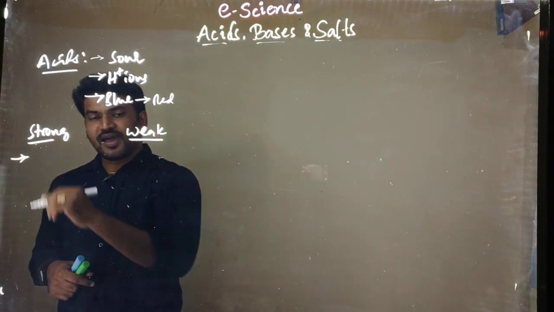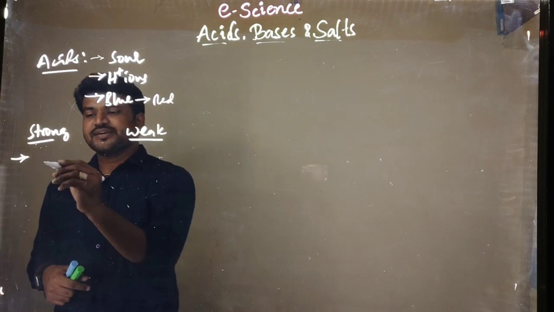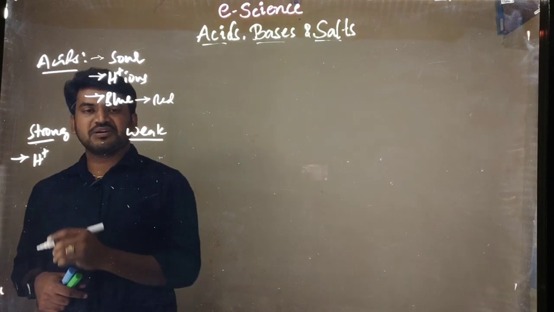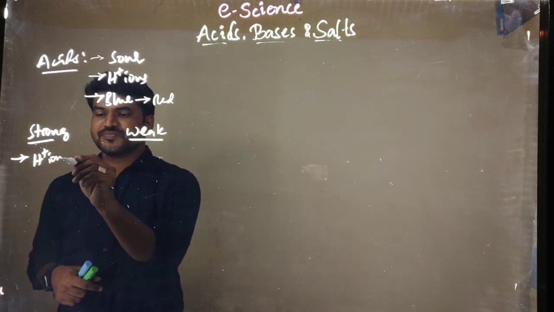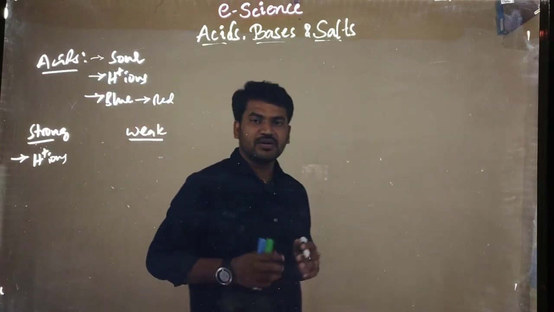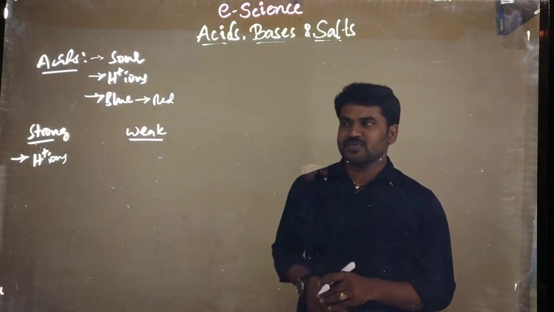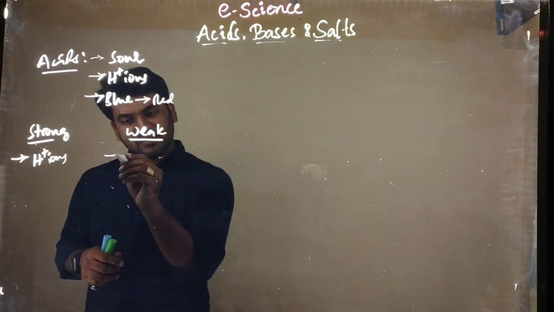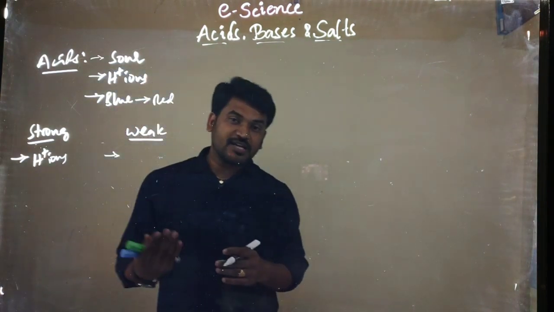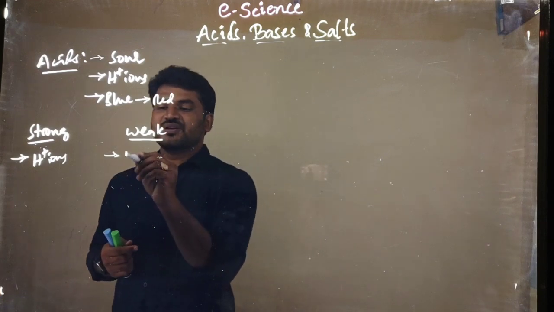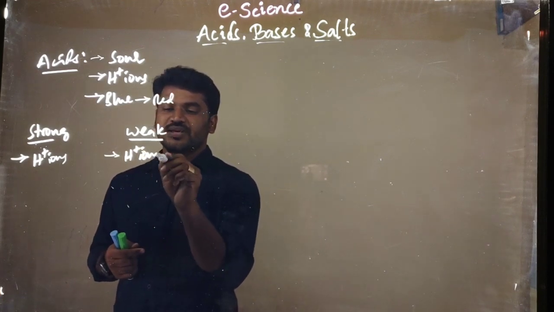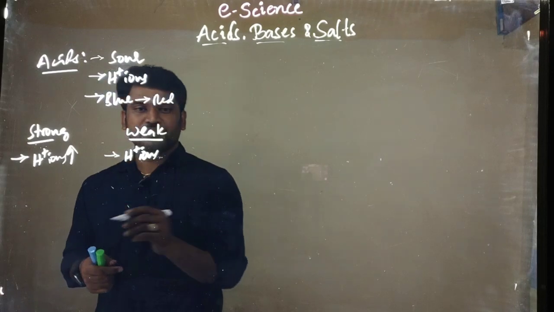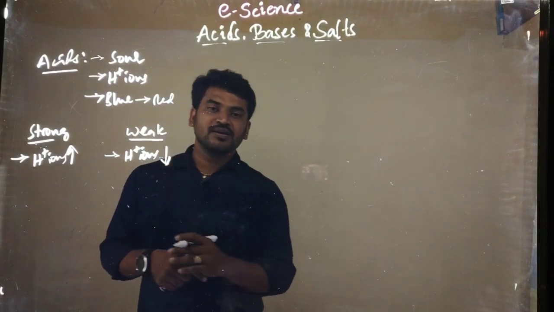If an acid contains more H plus ions in a unit volume, it is called a strong acid. If it contains fewer H plus ions, it is a weak acid.